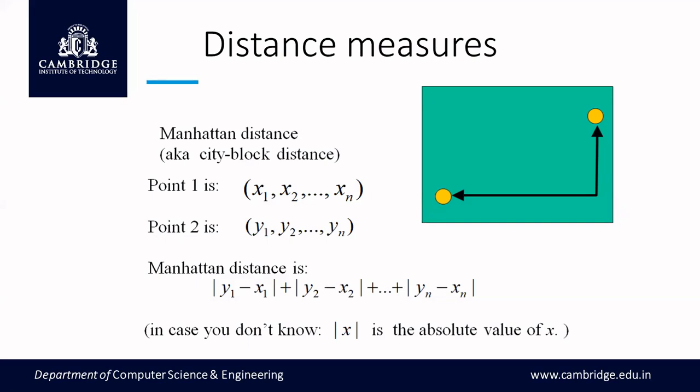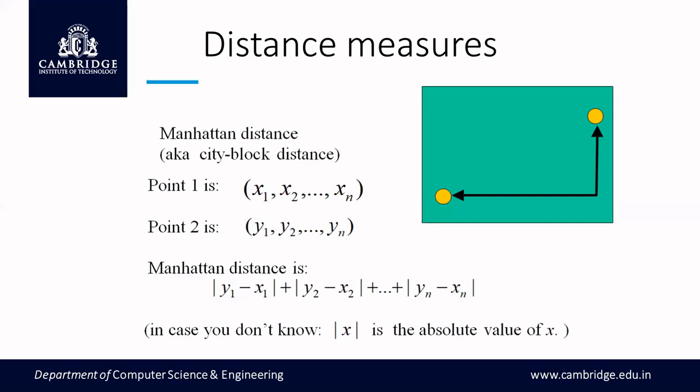Whenever you have to find the distance between points in space along a block distance, we will use Manhattan distance or city block distance. It is similar to Euclidean distance, except that you don't have to square it. You're just taking the difference between the absolute values of the coordinates. What do I mean by absolute value?